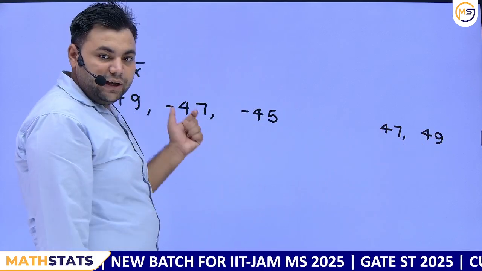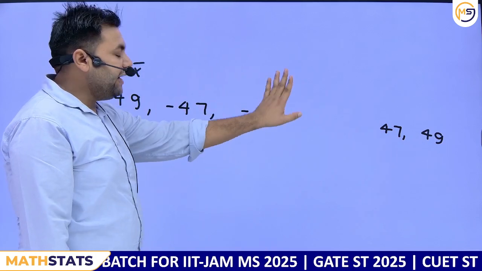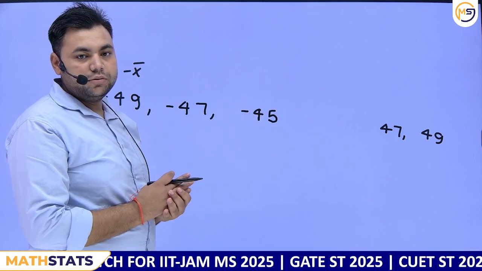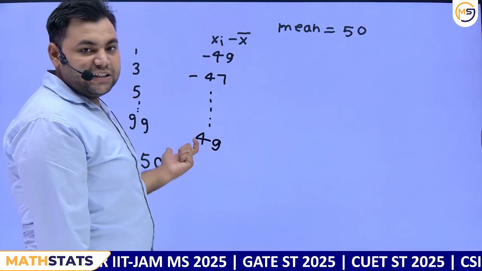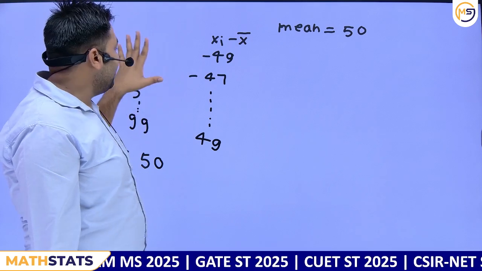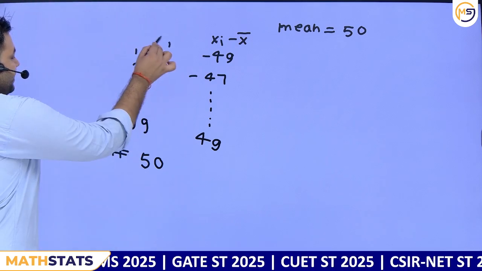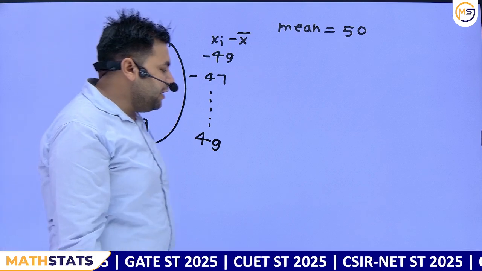But can you find a value 0 here? Because this is an odd number series, we cannot find the value 0, because not any term is 50. In this series no term is 50, so we cannot find any value 0.